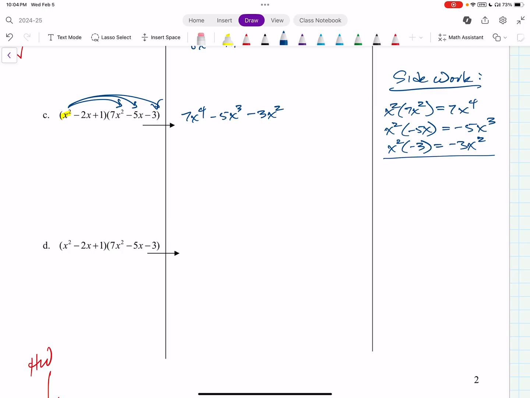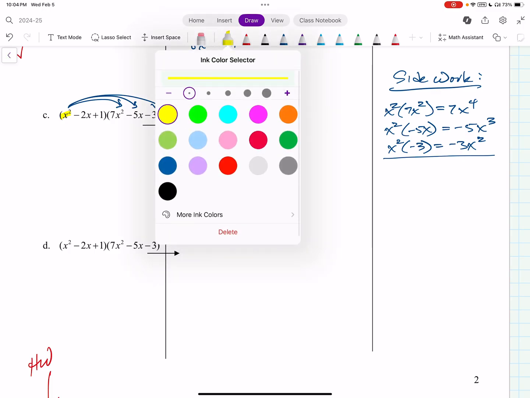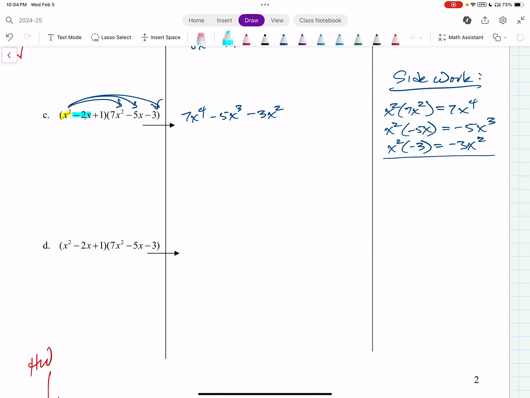Second distribution, let's change colors just for funsies. Let's take this second term here, this negative 2x, and distribute. Okay, negative 2x times 7x squared. Sorry, I misread it.